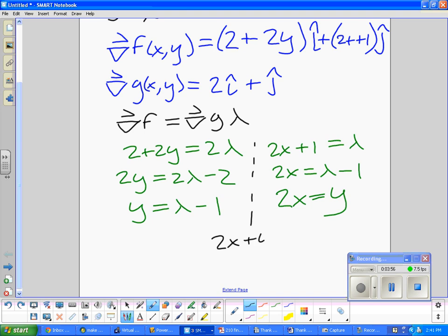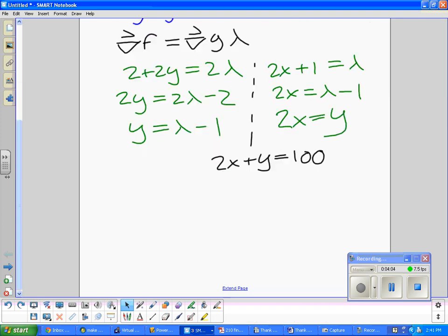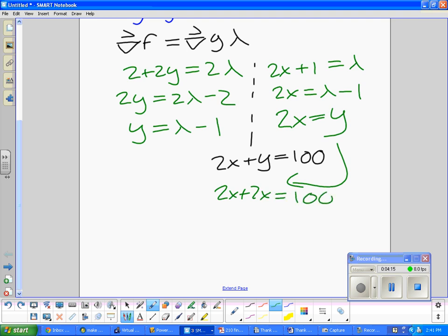Wherever we see a y, we can substitute a 2x. We get 2x plus 2x equals 100, or 4x equals 100, which gets us x equals 25.